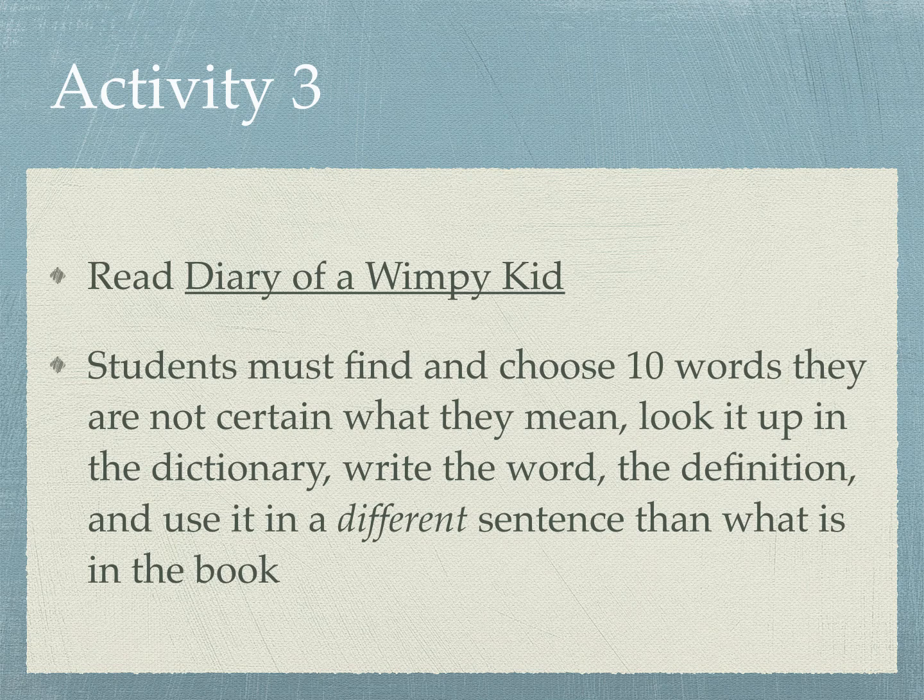And for activity 3, for the spelling portion of the standard, to keep things interesting, I would give students the opportunity to choose their own spelling words from the Diary of a Wimpy Kid. And by that I mean students will be responsible for finding and choosing 10 words in the book that they don't understand.